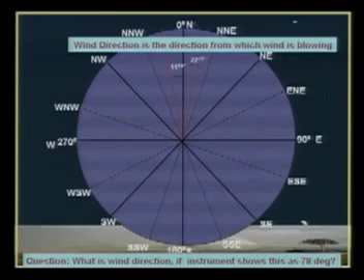So if I divide this into equal parts, this will be 90 minus 11.25, so this becomes 78 and 3/4. And my actual wind direction is 78, so it is somewhere here.